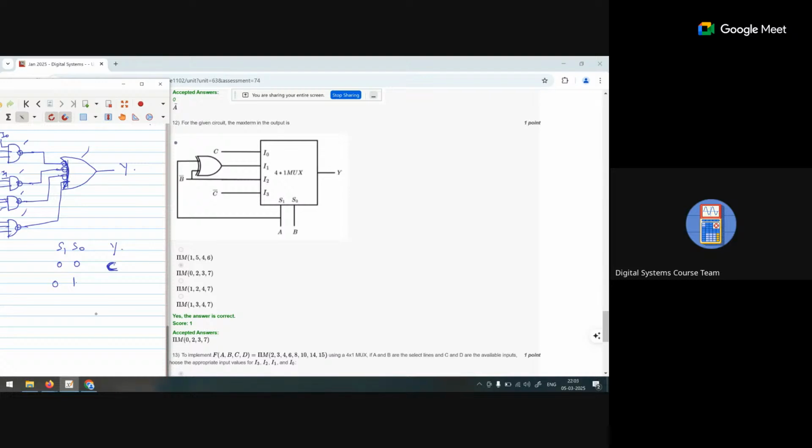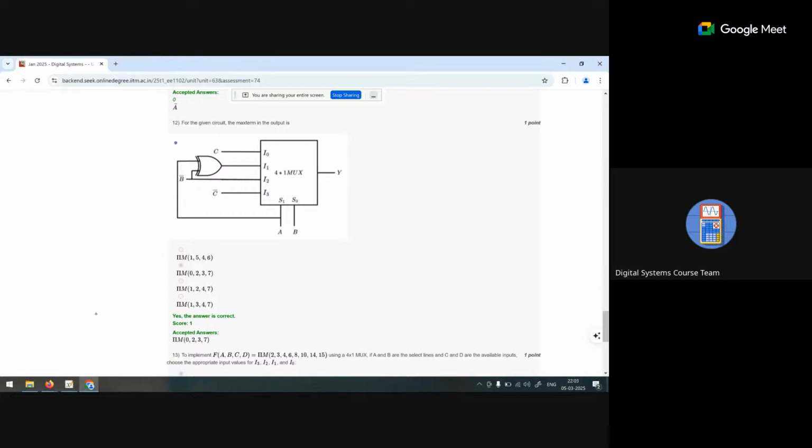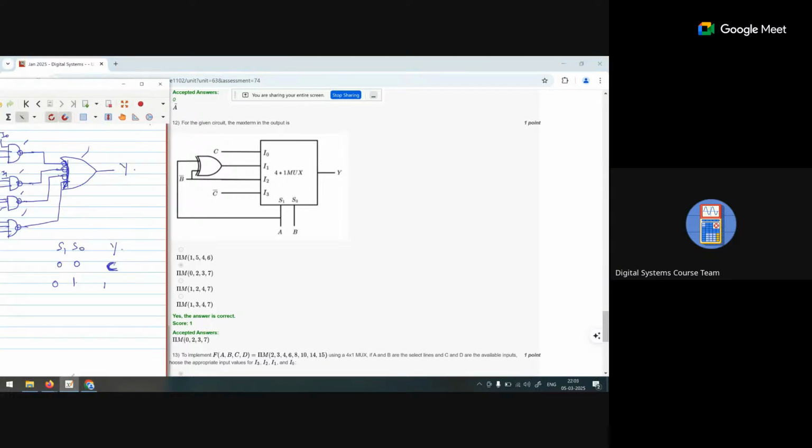And what is I1? It is B bar XOR with S1. S1 is 0.